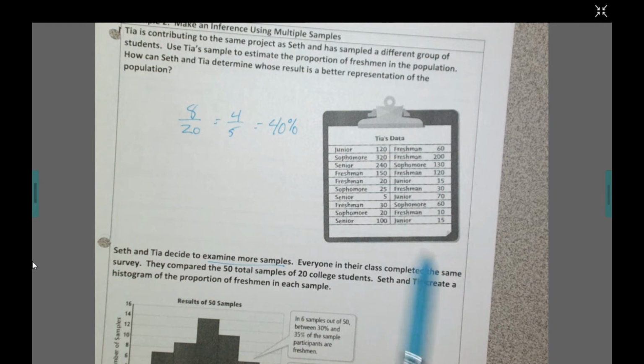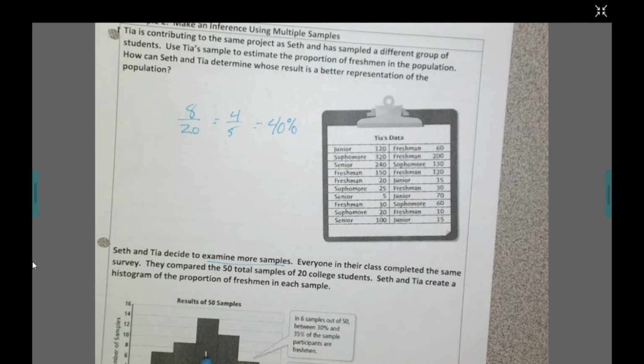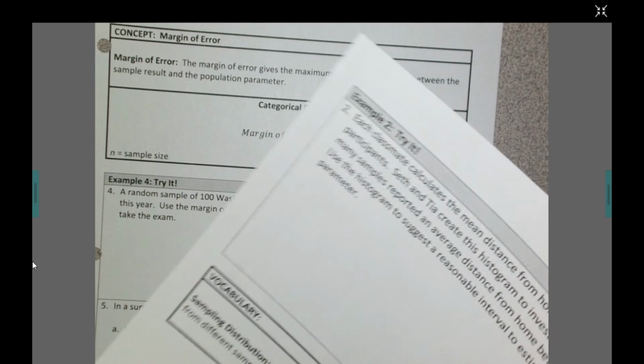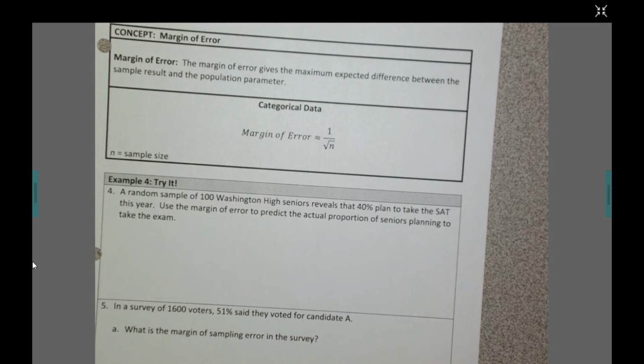So what we could say here is that Seth is actually closer to what the proportion of their percentage would be. So this really brings into play how sample size does matter. You do want to make sure you get enough people surveyed for a given question, and also to make sure that it's completely random.